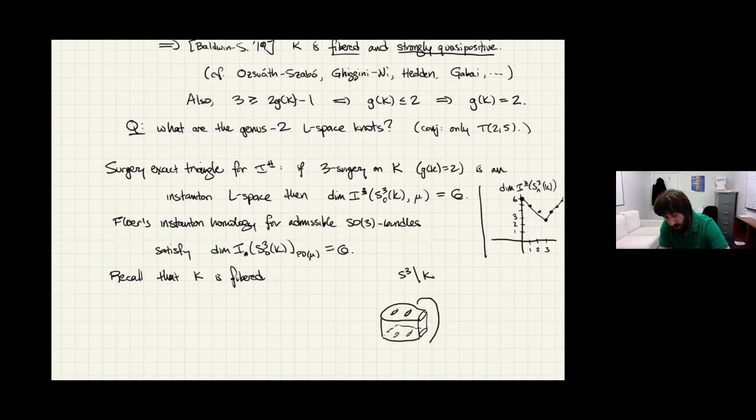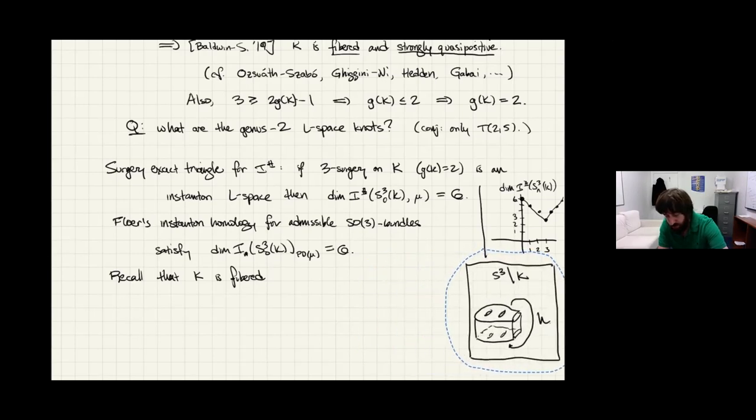And we glue the top to the bottom by some monodromy H, okay? So there's our picture of the complement of our knot. And we know a little bit of something about Floer homology, the instanton Floer homology of fibered manifolds. So let's say with monodromy H, as I've written there.